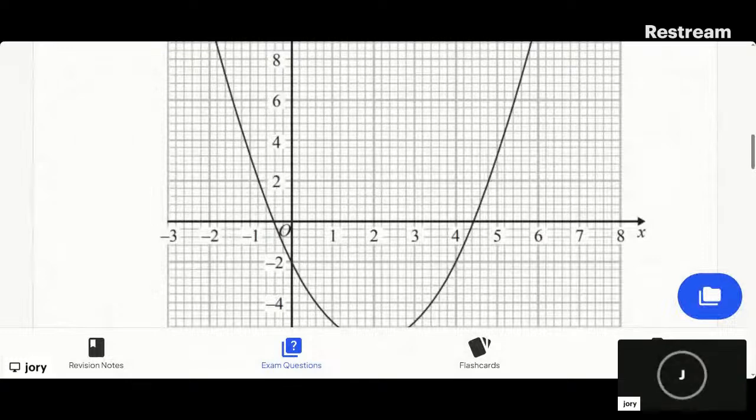So this is 0.2, 0.4, 0.6, 0.8. So this is 0.2. Negative 0.2. Oh no, that's not 2. That's 4. Negative 0.4. And then 4.4.